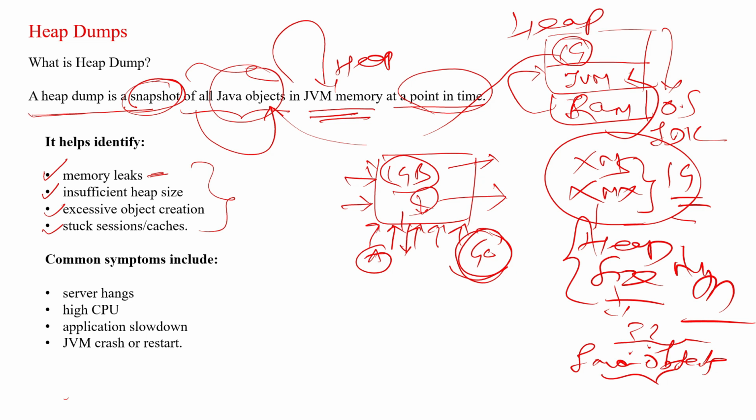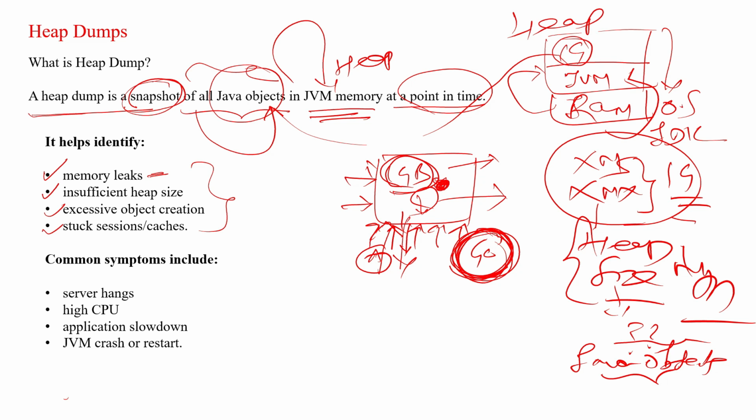But many times it happens that whenever the application executes, it allocates some heap size, and when the request is completed, whatever Java objects have been created in your heap will not be marked as unused. So if any of the Java objects are not marked as unused or dead, GC will not clean them.